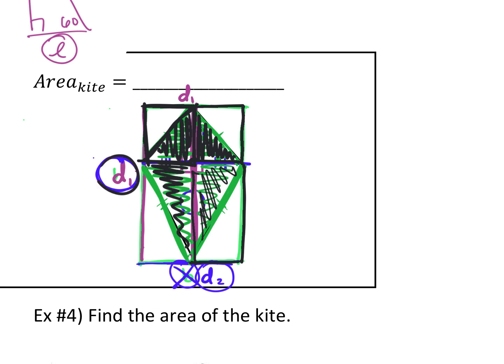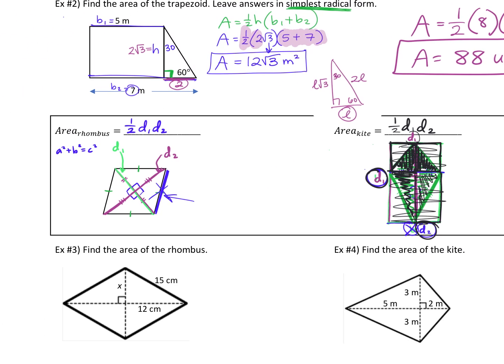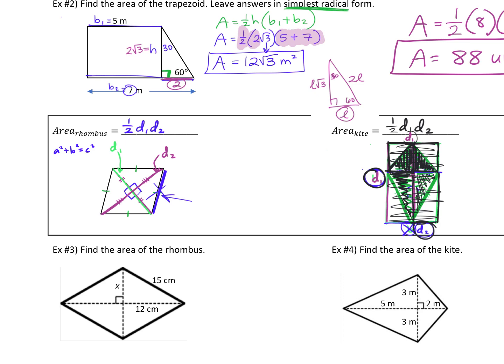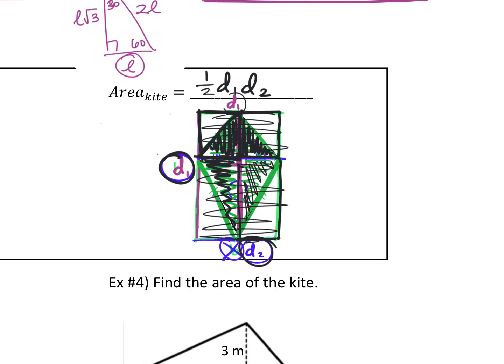So if I said I'm going diagonal 1 times diagonal 2, base times height, that's going to give me this area, but I don't want that area. I want the kite, which is half. So it's the same formula, half of diagonal 1 times diagonal 2, the same formula that we just did for the rhombus. So kite and rhombus have the same formula.